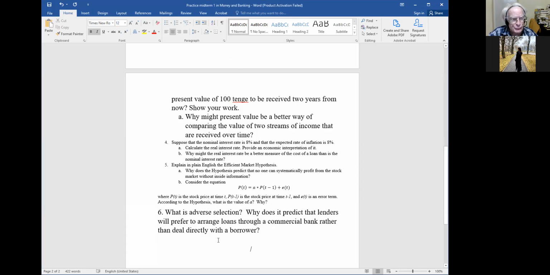So if you deal directly with a borrower who is a bad risk like me, I may not pay you back. But I know myself that I will not pay you back. You are not sure as a lender who might take a chance.